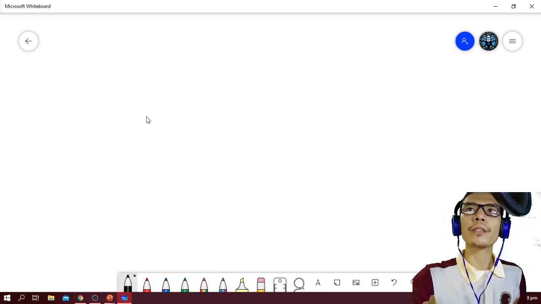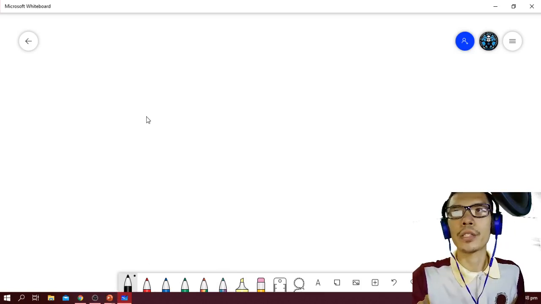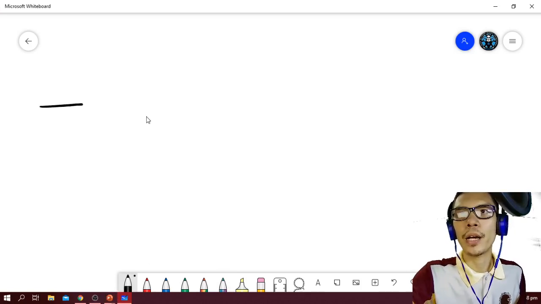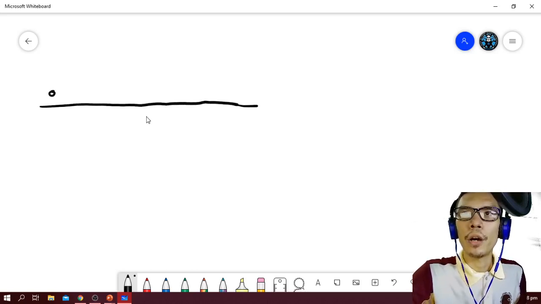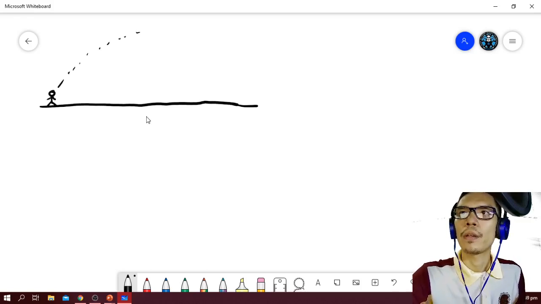There you have it. First things first, draw the problem. So this is a level ground, something like this, and the person kicks the ball, and it goes upward, so it looks like this.